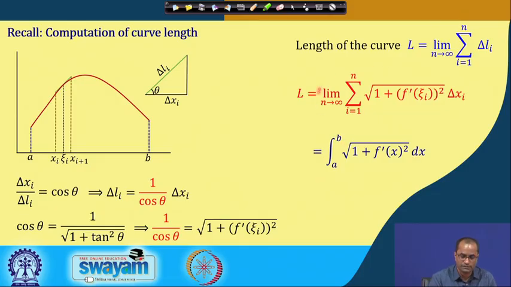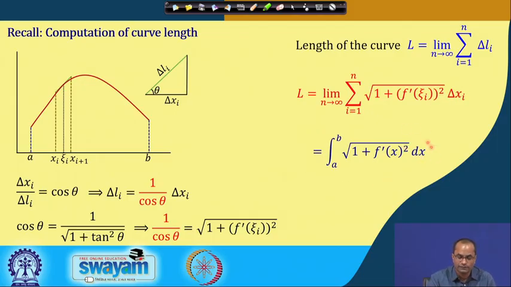So, if this limit exists, we can denote this in terms of the integral from a to b, the domain a to b, of the square root of 1 plus the first derivative f whole square dx.